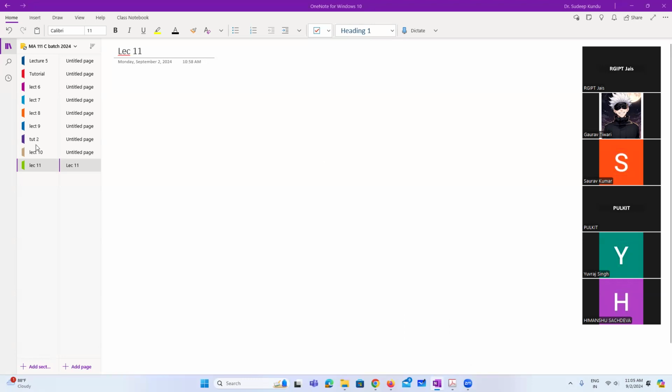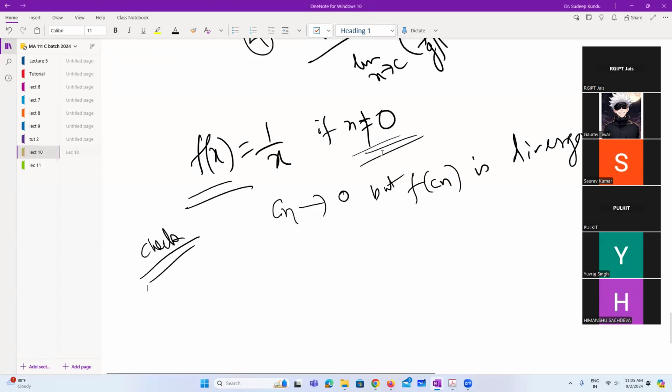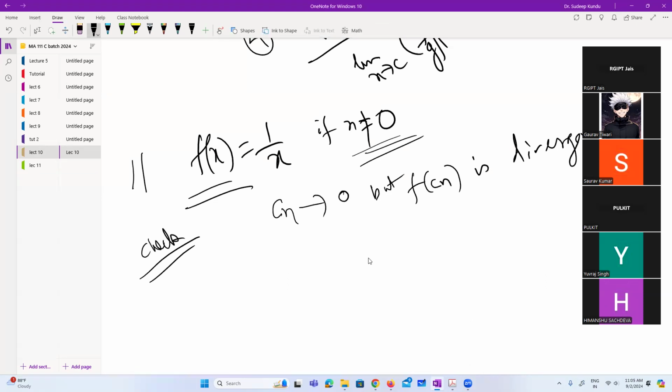So yesterday what we were doing? This one, right? Limit using sequential criteria. So have you solved this problem? Have you solved it or not?